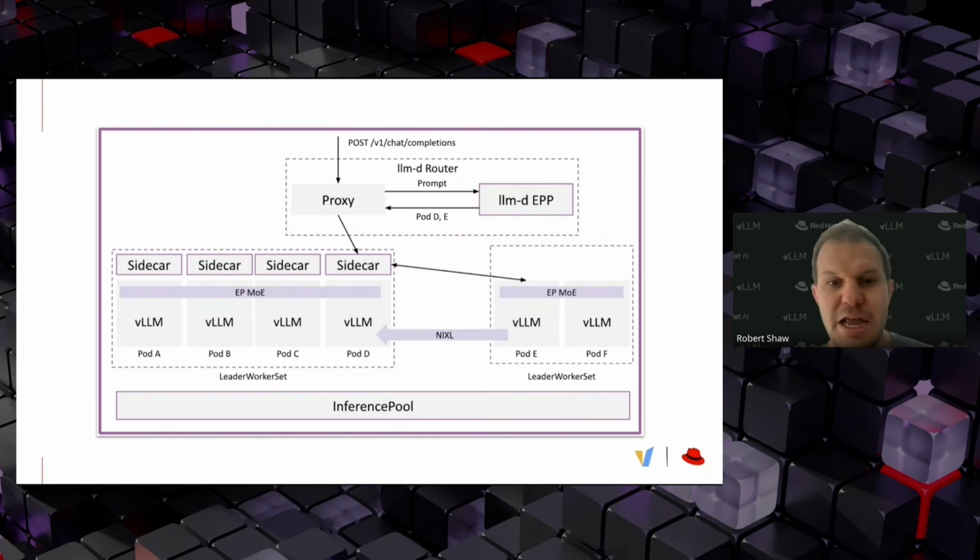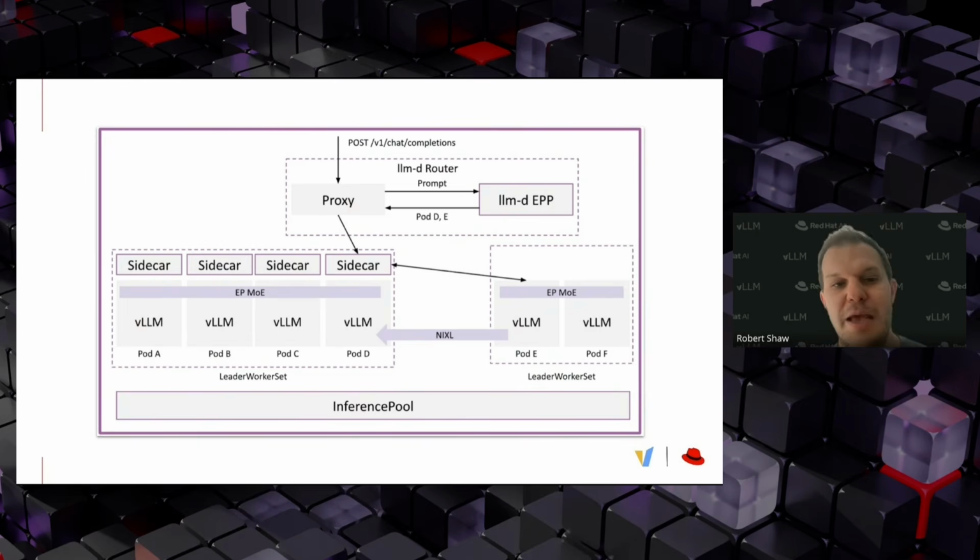Beyond this, as we think about large models like GLM, where they might not even fit within a single node, or where we want to increase the KV cache size as much as possible, llm-d supports wide expert parallelism, where a single logical instance of vLLM is spread over multiple pods.